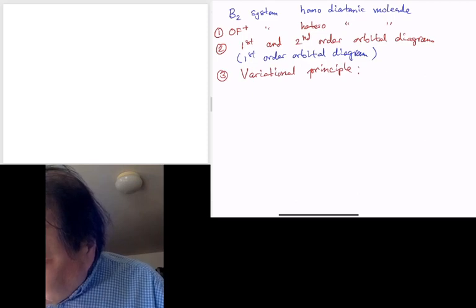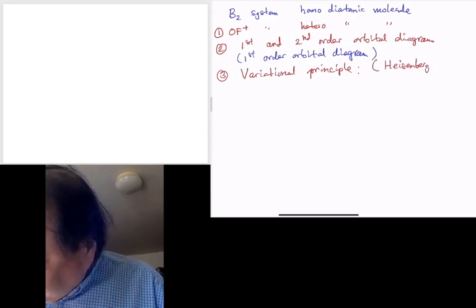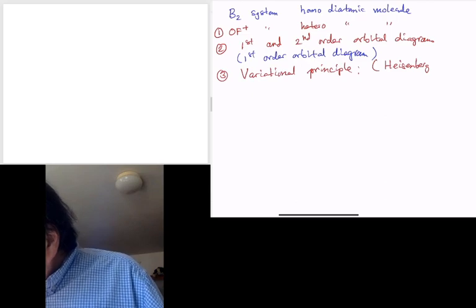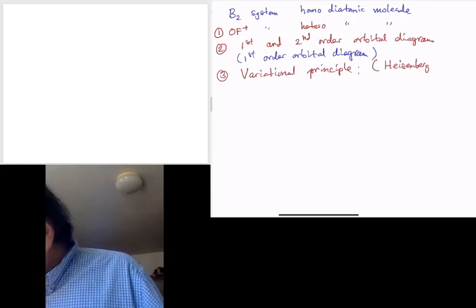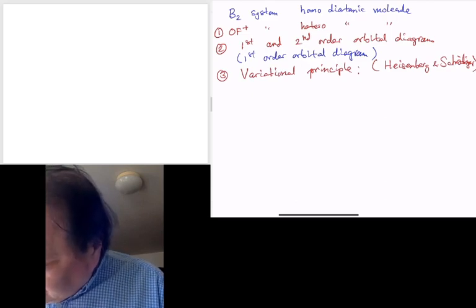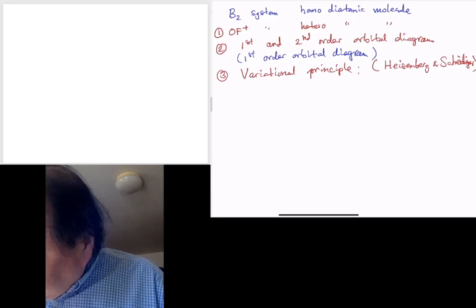The lowest energy MOs are the most bonding, lowest energy orbitals possible.